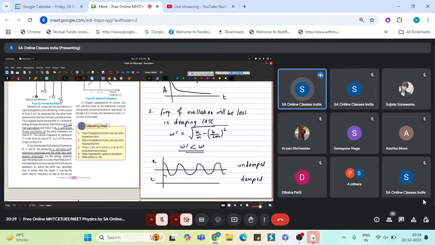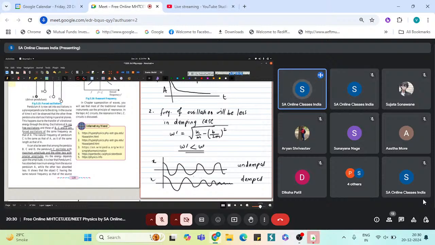So for a damped case, you will have something like this. Not a great drawing, but you get the idea. The time difference between the peaks will increase because frequency is decreasing, and the amplitude will also go on decreasing.